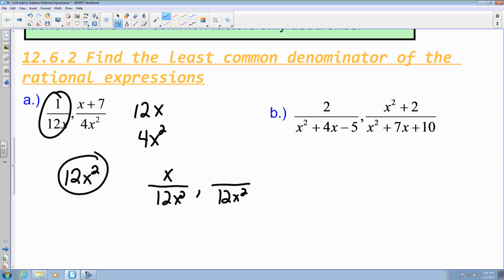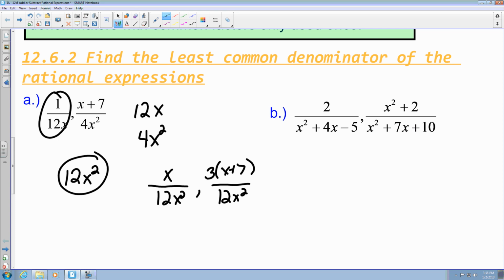And for the second equation, the only thing I did to the bottom is I multiplied it by 3. So if I multiply it by 3 on the bottom, that means I'd have to do the same for the top. And that's where I got a least common denominator of 12x squared.